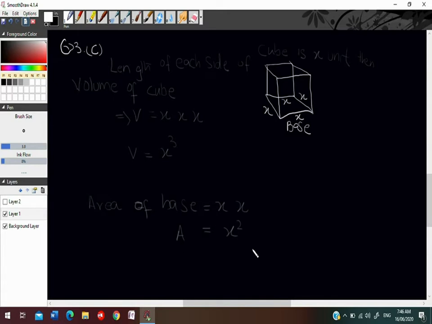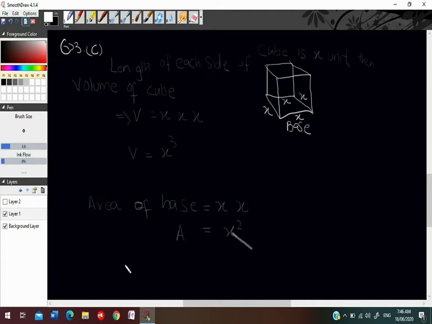As we have done in the previous question, you just find the value of x from this equation and use it in this equation, and finally you get the volume of this cube. Your equation will represent the volume V of a cube as a function of the area A of its base, and you can solve it by yourself. I will start the next question.